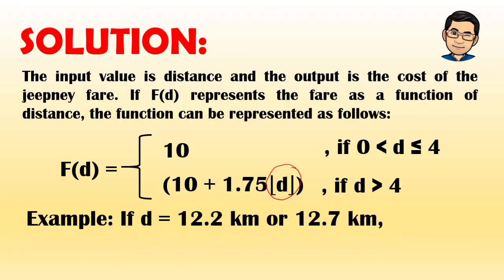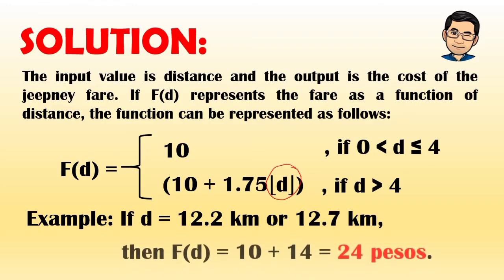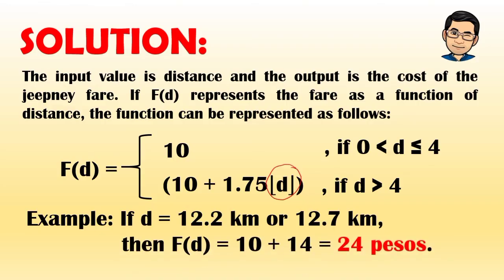Halimbawa, yung na-cover na distance is 12.2 km o kaya 12.7 km. So, pasok po yan sa interval ng 12. Kapag floor function ang pinag-usapan natin nun, basta pasok siya dun sa 12, kahit 0.2 man siya, 0.7 siya, pareho lang din ang babayaran. So, for example, f of d equals 10. Ayan, 10 yung minimum fare.